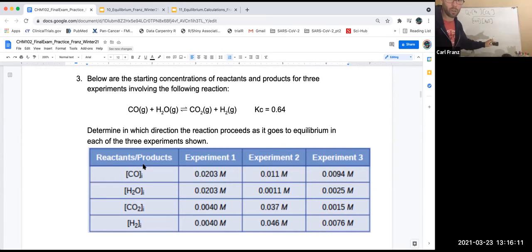And water is the same, 0.0203. And carbon dioxide is 0.0040. And same thing here, 0.0040.